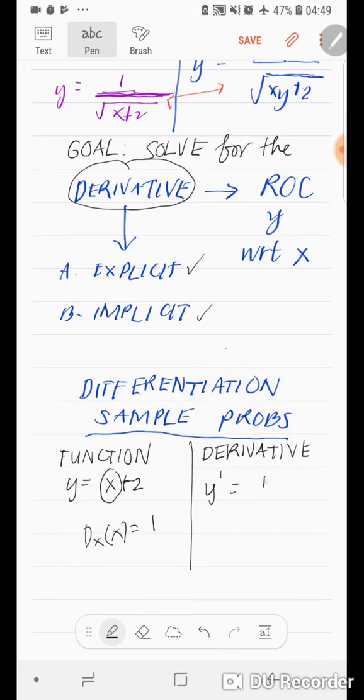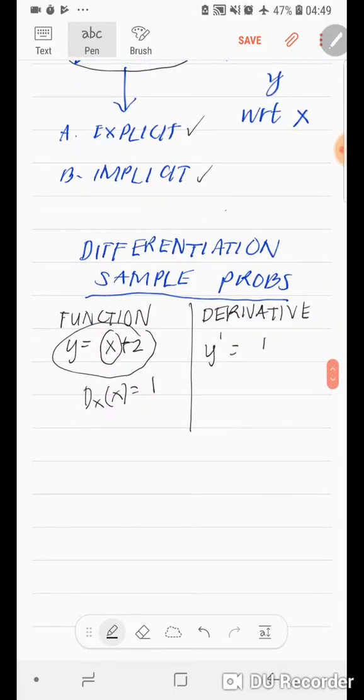So that would mean that the derivative of this function would be equivalent to 1. So let's make 3 columns for this. Let's make a bit of a shortcut. So we have here y is equal to x plus 2. Then we have here the derivative, which will be y prime equal to 1.